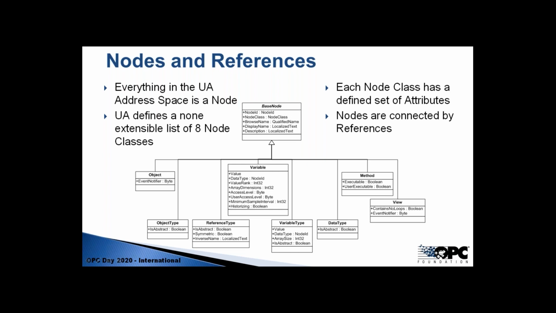And from these node classes, you can derive, or you can use directly, or you can derive and create your own type system and your own nodes. All the nodes in the address space are interconnected through references, and those references can be hierarchical or non-hierarchical references. And with that, you can describe every system or every kind of information.